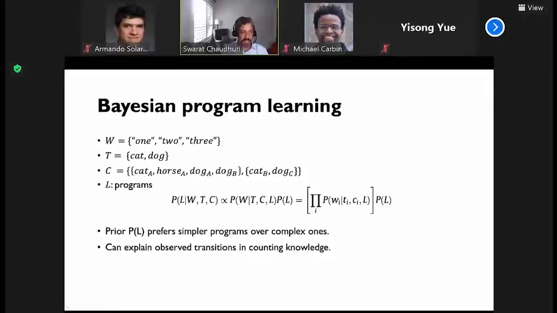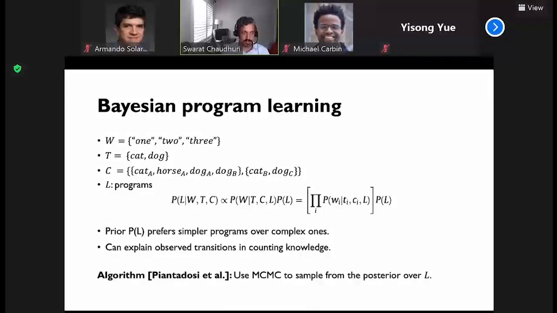Now, one question is, what is this prior that you're using, and how do you get that model of W given T, C, L? There were assumptions made about this in their paper. For example, the prior was supposed to prefer simpler programs over complex ones. But the point is that they were able to instantiate these component distributions in a way as to explain the observed transitions in the counting knowledge.